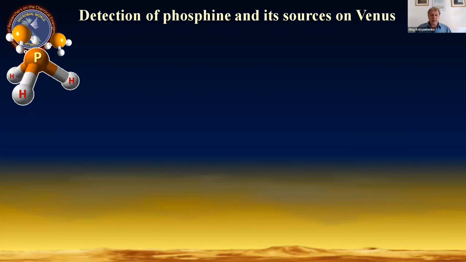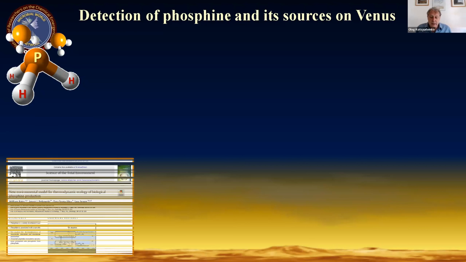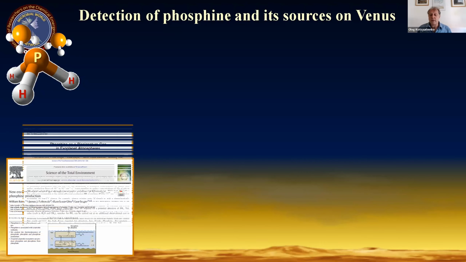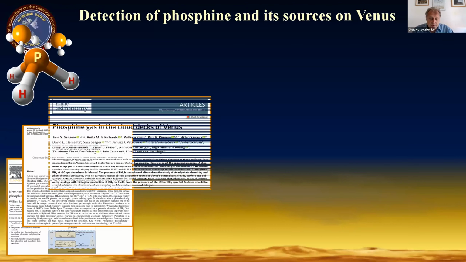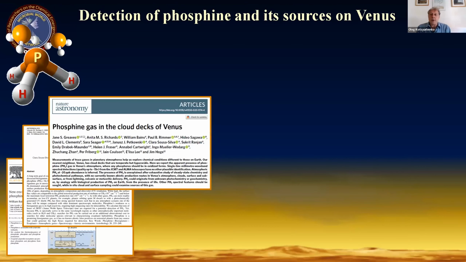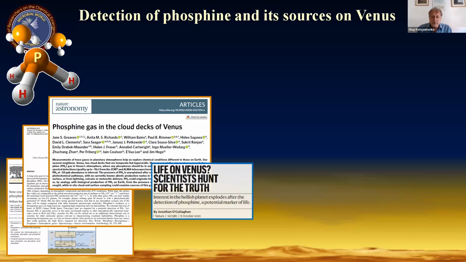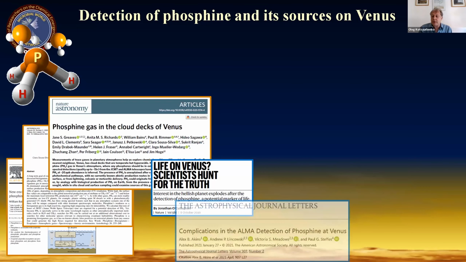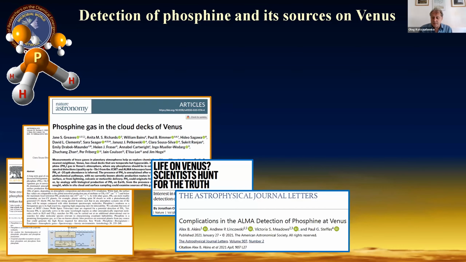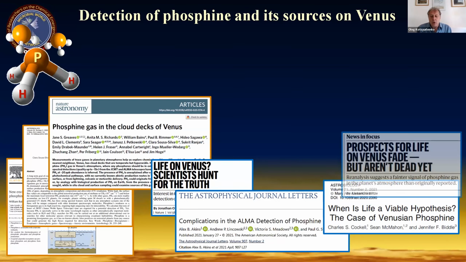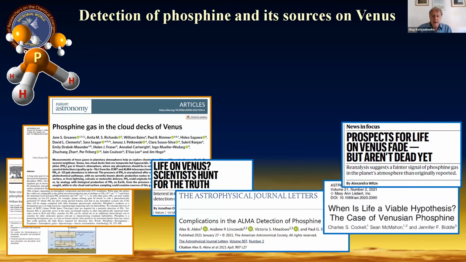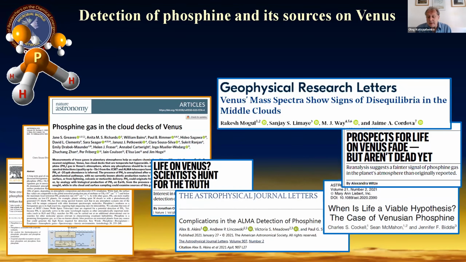Finally, the discovery of phosphine in the cloud layer of Venus as a biomarker is a very interesting story. This story is actually still going on. From the very beginning, there was a certain skepticism, which became either more or less depending on published relevant articles on these topics.